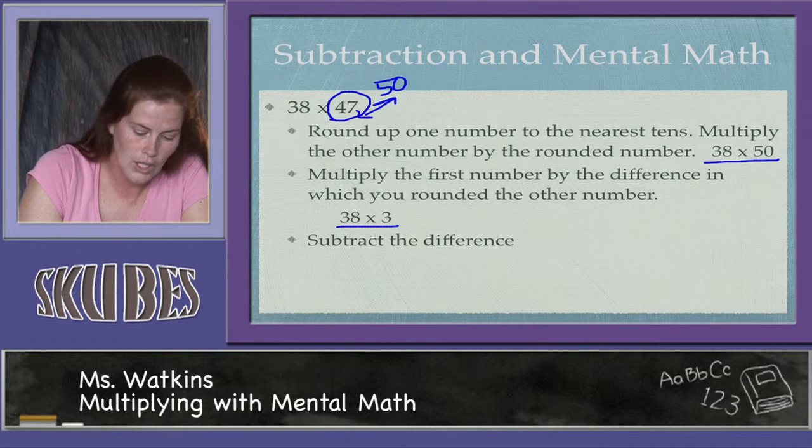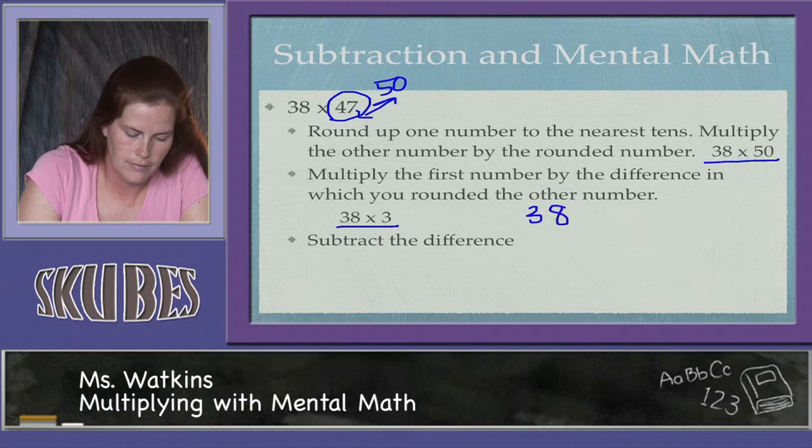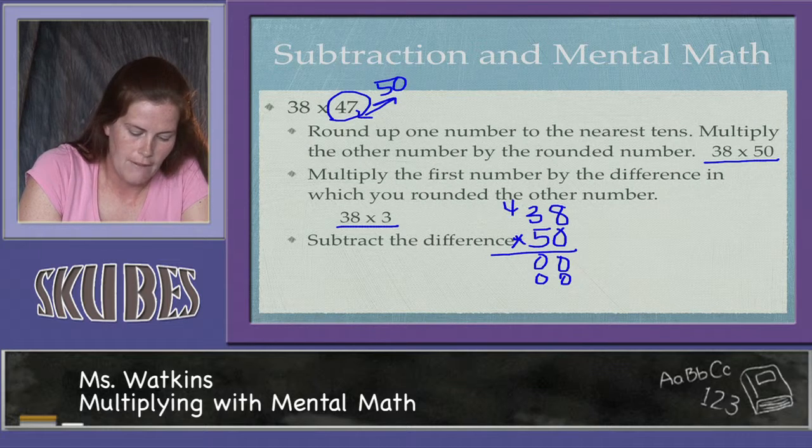Okay? So we have 38 times 50. 0 times 8 is 0. 0 times 3 equals 0. Then we have 5 times 8, which equals 40. And 5 times 3, which equals 15, plus the 4 you carried, is 19.